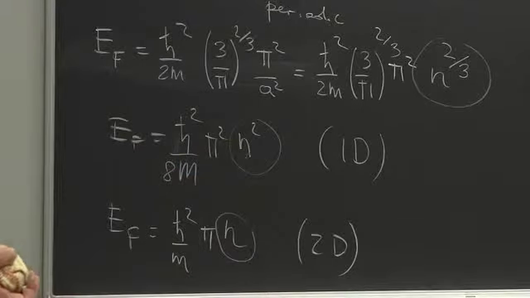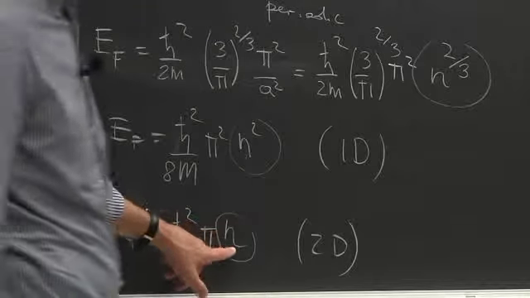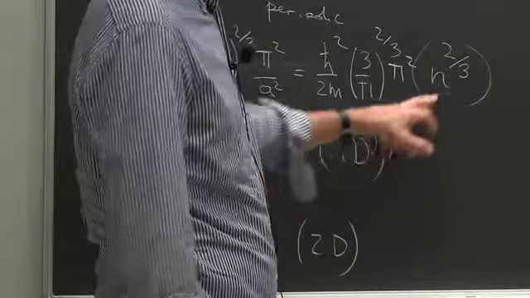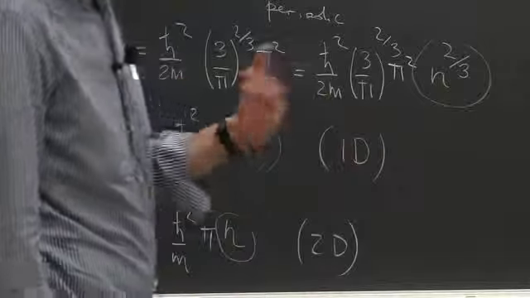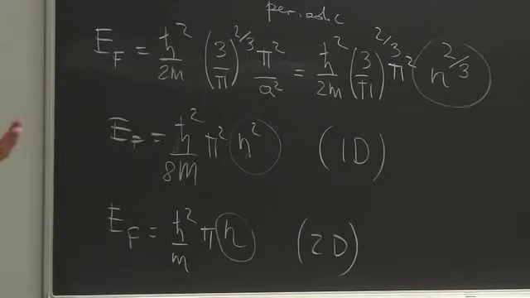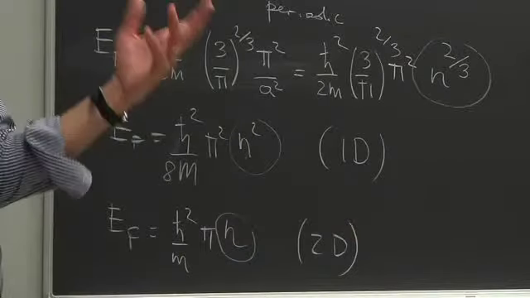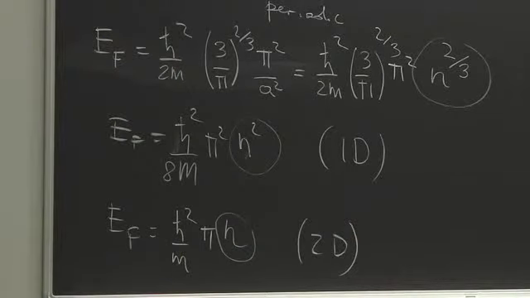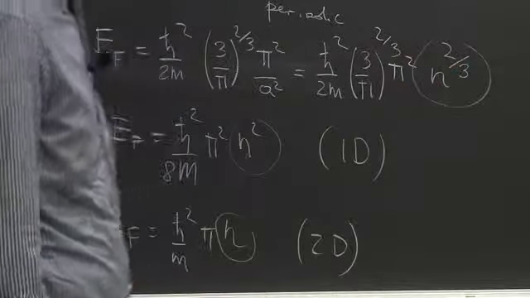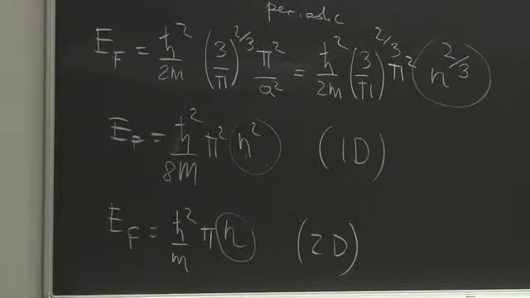In 2 dimensions, it's 1 over L squared, so you're done. You don't need to put any additional powers. And in 3 dimensions, the density is 1 over L cubed, and therefore, in order to turn it into 1 over L squared, you need to take the 2/3 exponent. Is that clear?